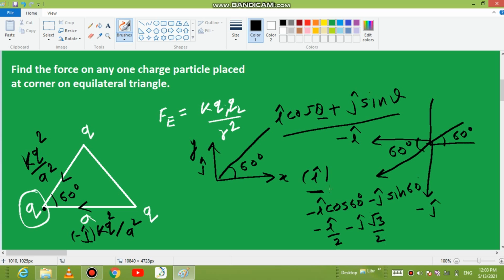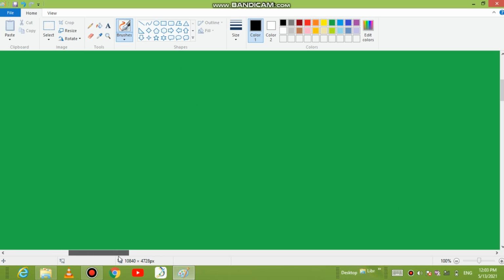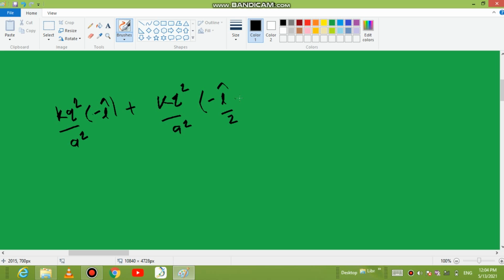So resultant force on these point charge will be sum of kq square upon a square negative of i cap plus kq square upon a square negative i cap upon 2 and negative of j cap root 3 upon 2.